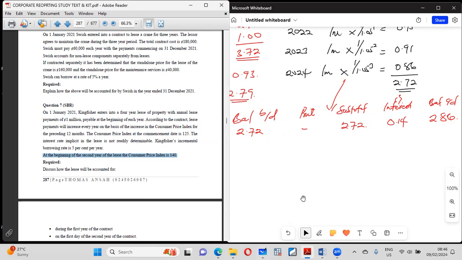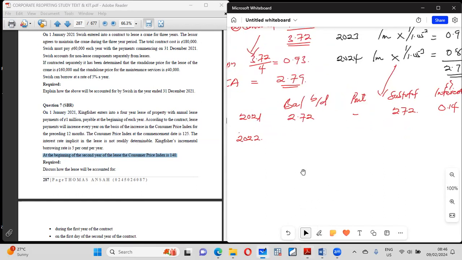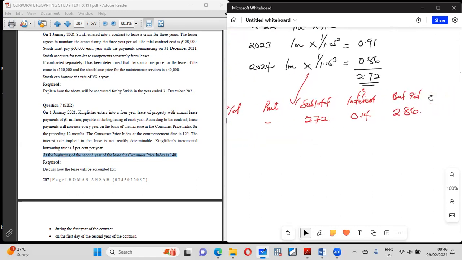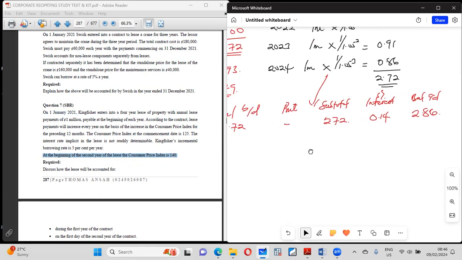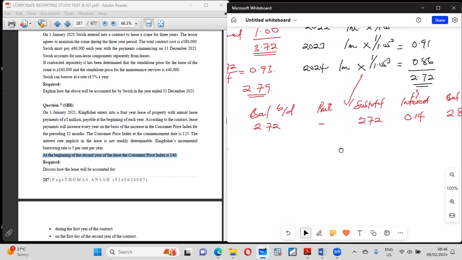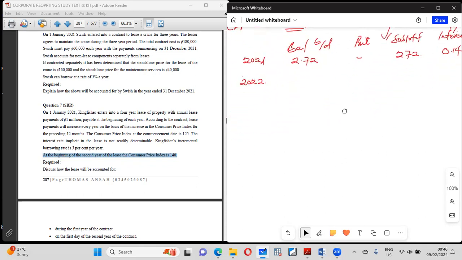Our 2022 balance will not be like our 2021 balance. So balance brought down, the beginning of the year here, should actually stem from the closing of this one, which means that at the beginning, we need to even do the remeasurement. It has changed.